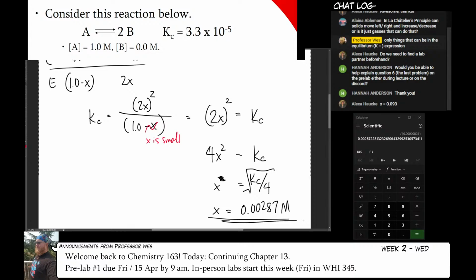But now we have to check that x is small. So let's do that. Let's find a place where we subtracted x or added x to something. And so that's this. So we're going to consider this.